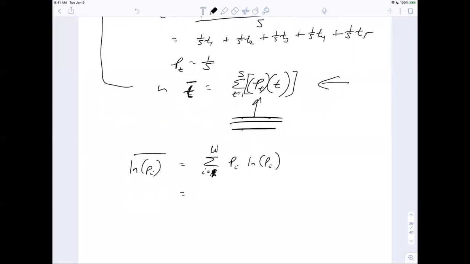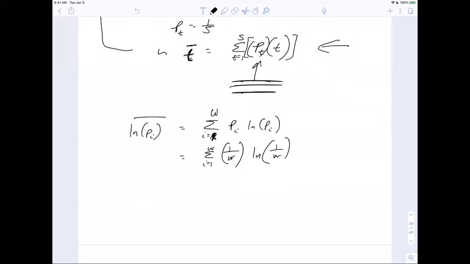P sub I is just 1 over W, so this becomes the sum from I equals 1 to W of 1 over W, and the 1 over W in the log is a constant. Is everyone okay with that? Now, since 1 over W is a constant, we can take it outside.